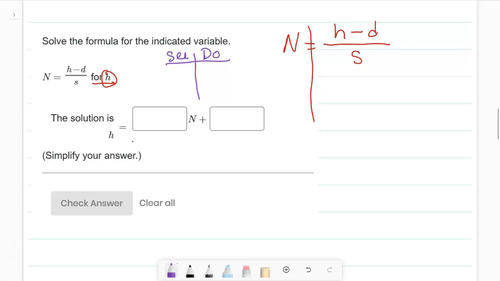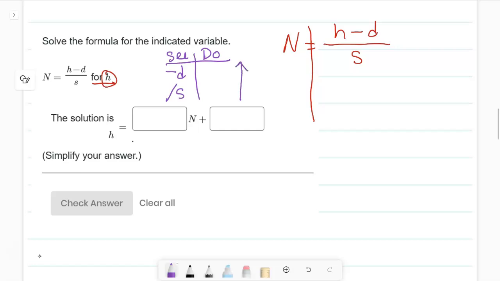So we're going to ask ourselves, what is happening with this H right here? It is subtracting D. So minus D. What else is happening? There's a big line right here underneath it. That means it's dividing by S. So we're going to start from the bottom up and do the opposite.